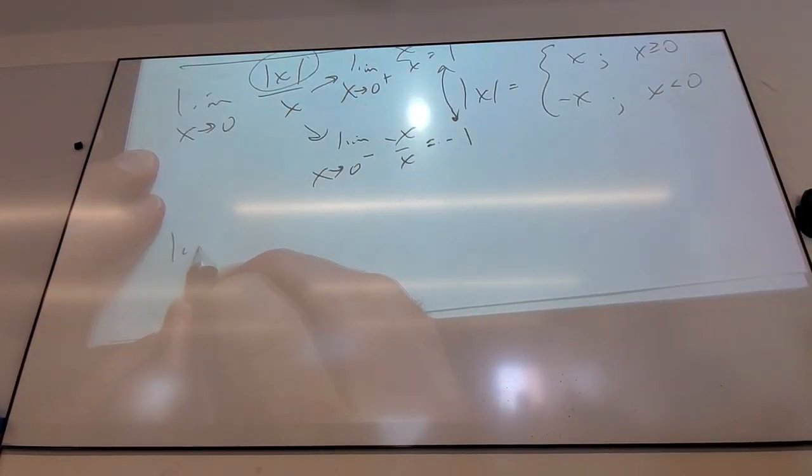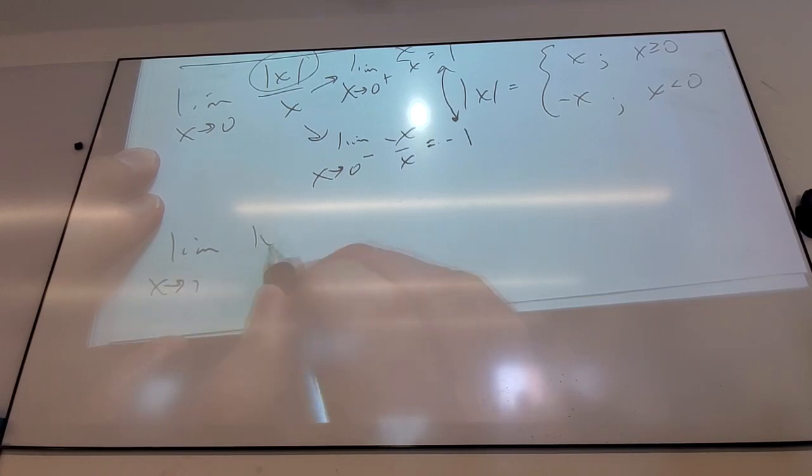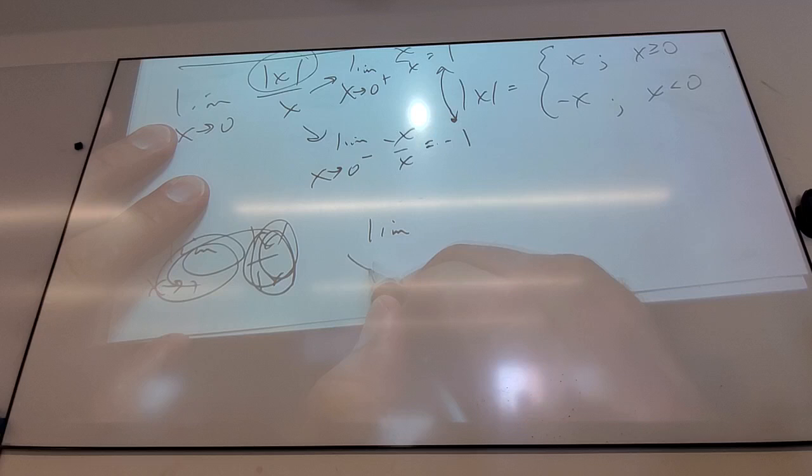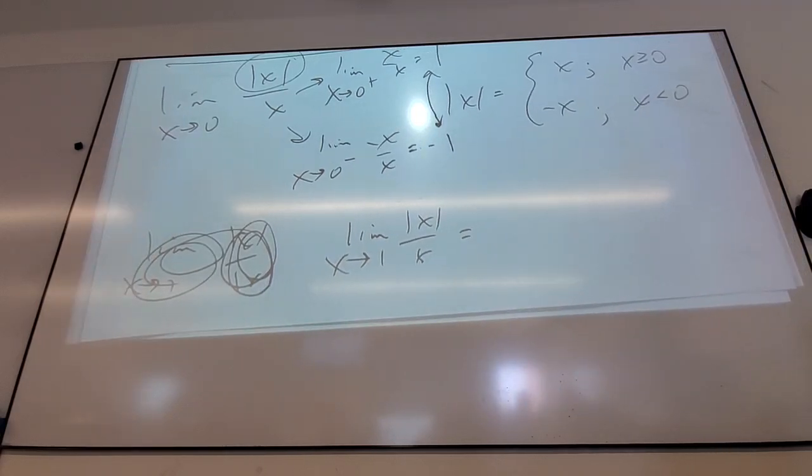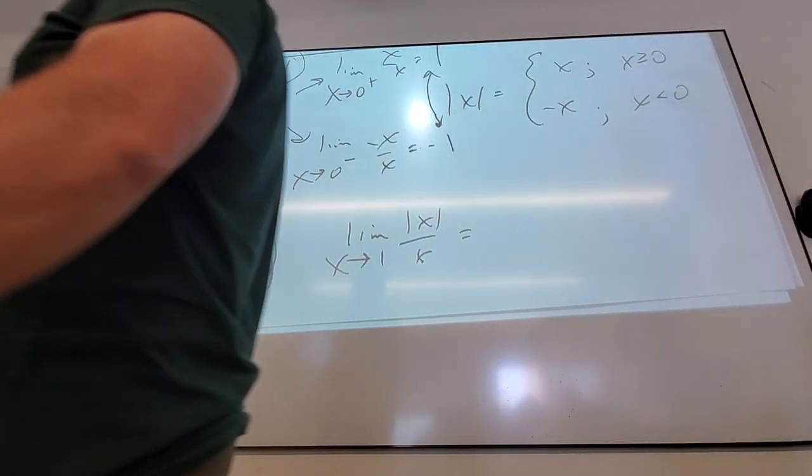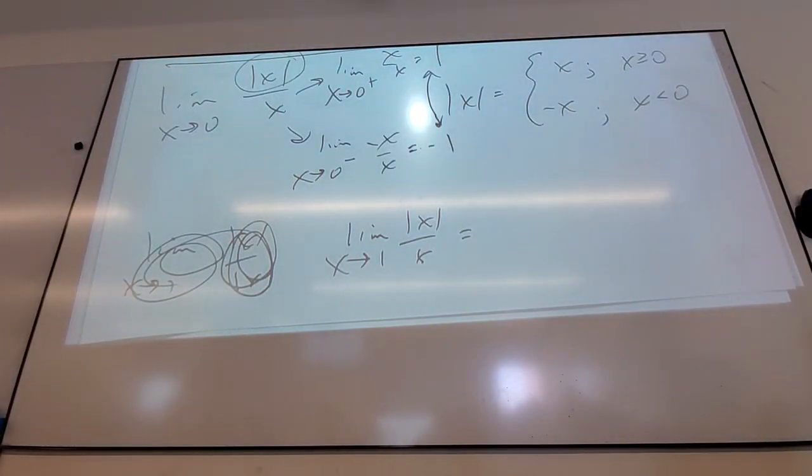So let me follow this up with this. What's the limit as x goes to 1 of the absolute value of x over x? There you go. 1. It's not around 0, is it?